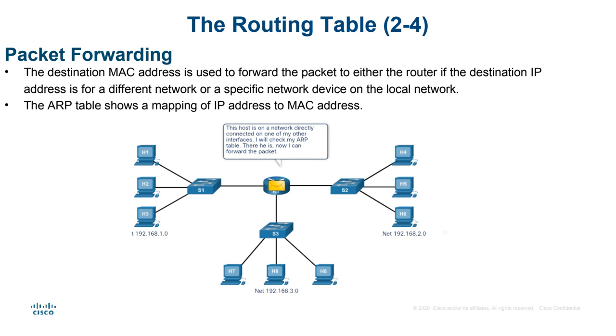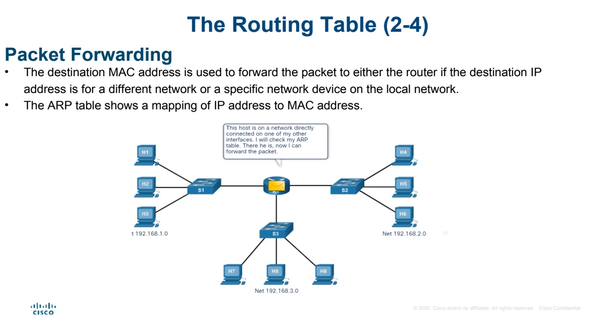The packet will be forwarded to another LAN if the destination is on a different LAN. So here, if I am sending from H1 to H3, does it need to go to the router? Yes or no? No. Why? Because H1 and H3 are in the same network, the same local area network.